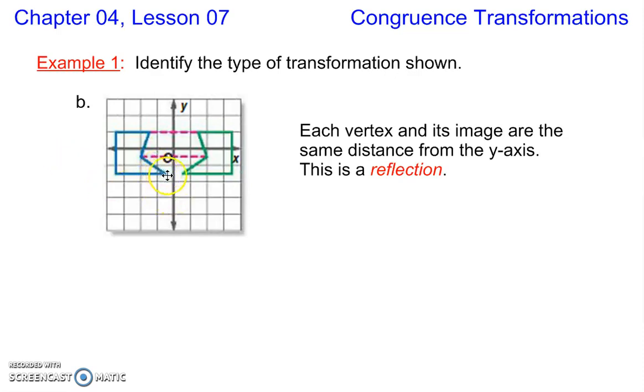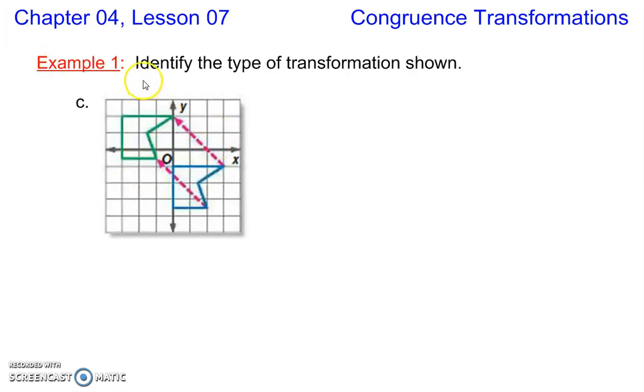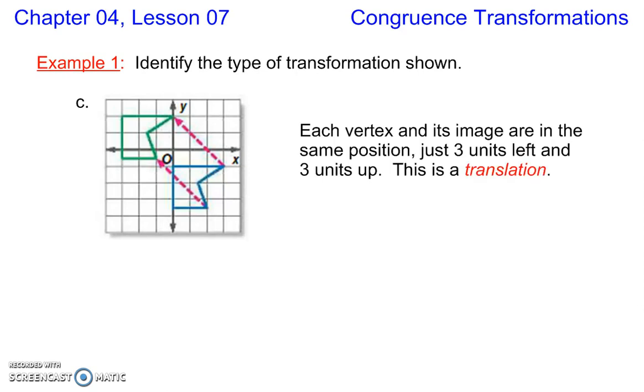The points that are closest to the y-axis are closest on the other side. And then looking at this right here, we're moving directly, but we're not rotating, so this is a translation. Every point, every vertex is moved 3 units left and 3 units up.